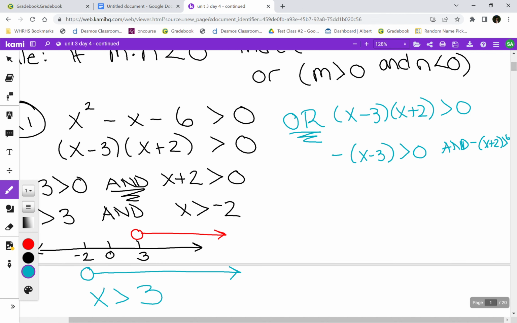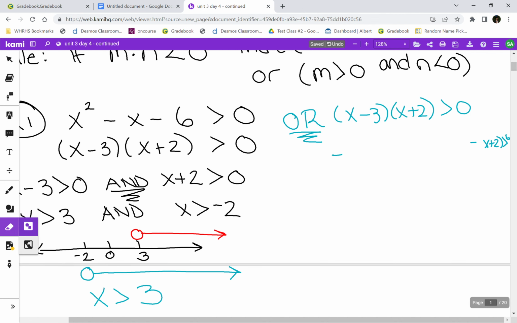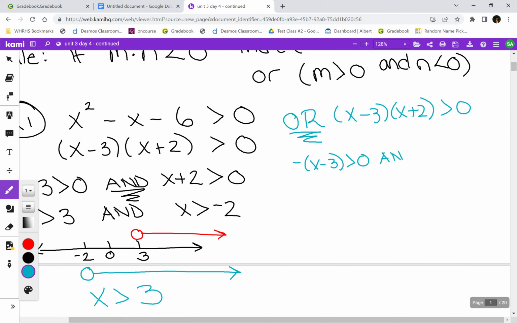Both are factors. Let me move this over so I have a little bit more space. And saying they're both negative. If both factors are negative, then our product will be positive. Yes? All right. Well, to solve this, wouldn't I have to divide by negative 1?